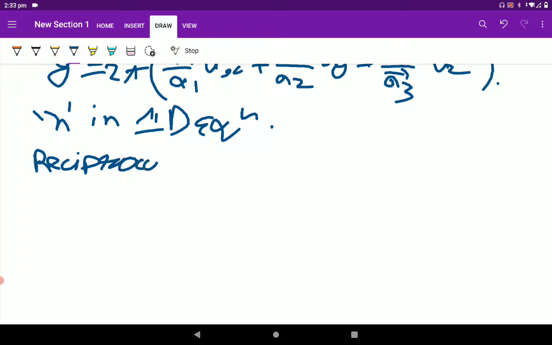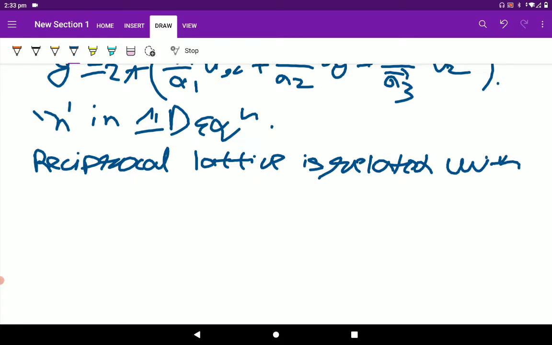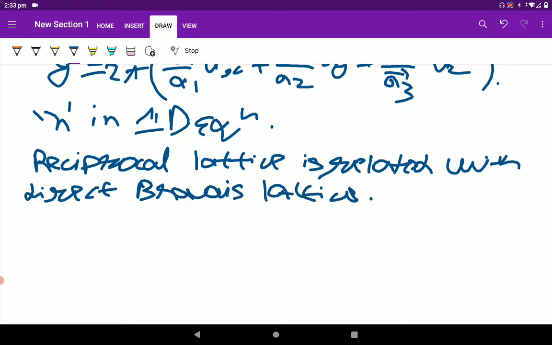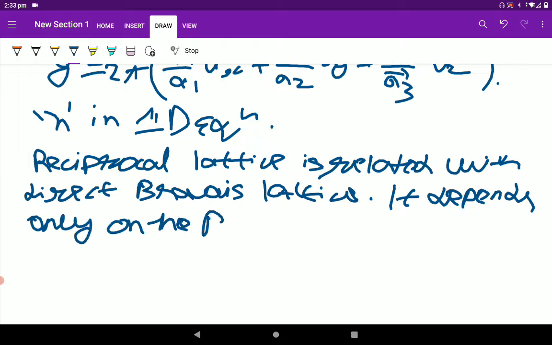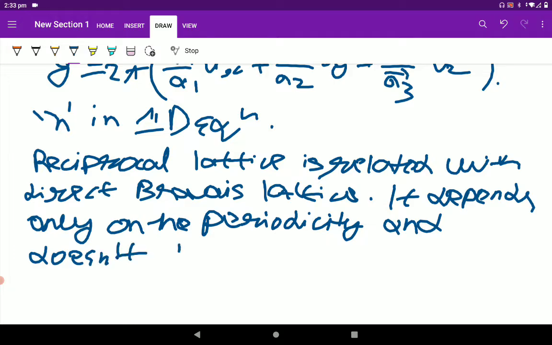The main key point is that the reciprocal lattice is related with the direct Bravais lattice, and it depends only on the periodicity, and it doesn't depend on the basis.